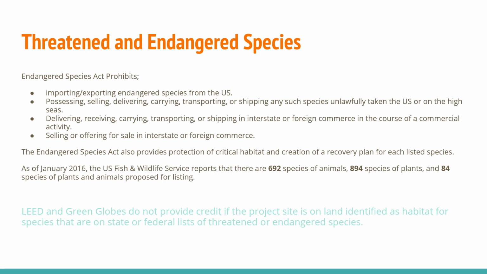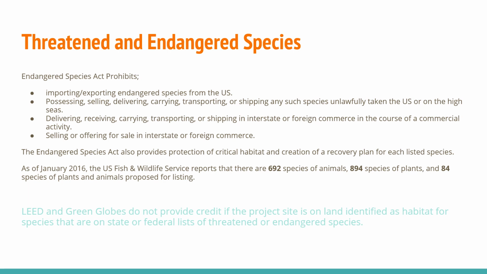Now, what the Endangered Species Act does is it prohibits the importing or exporting of the specified species from the United States. It prohibits the selling, delivering, carrying, transporting, or shipping of any such species unlawfully taken from the United States or on the high seas. It also prohibits transporting it to other countries, either for one's own purposes or for selling.